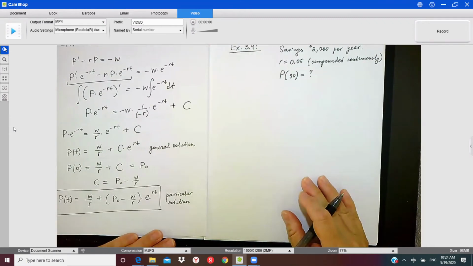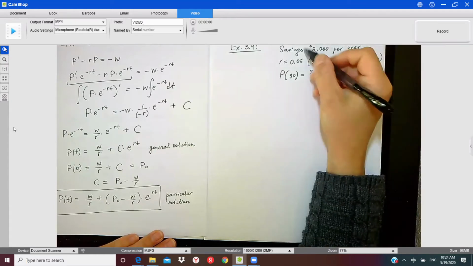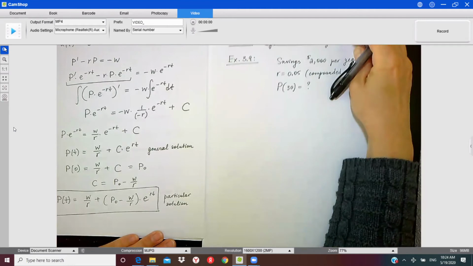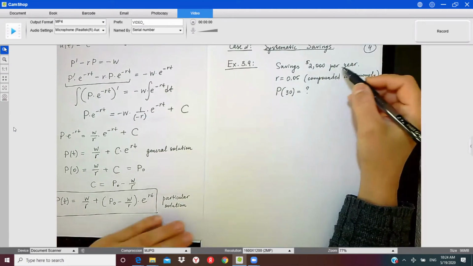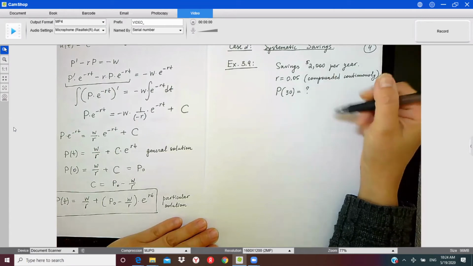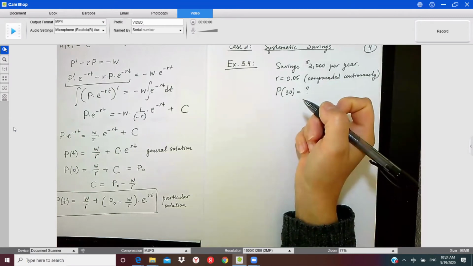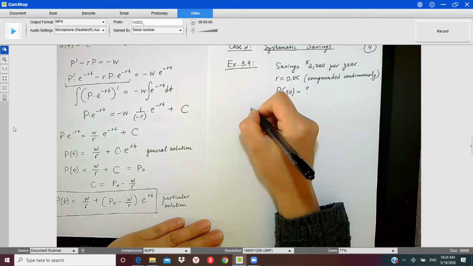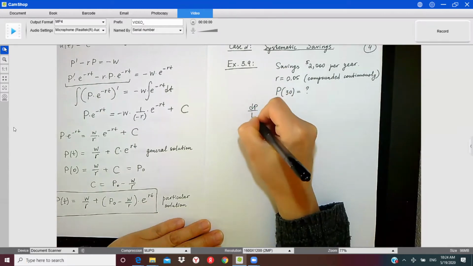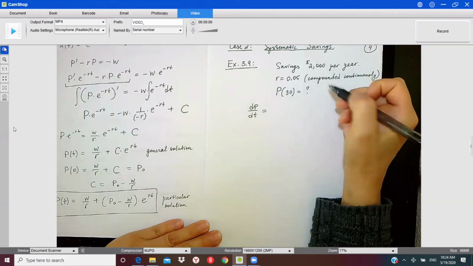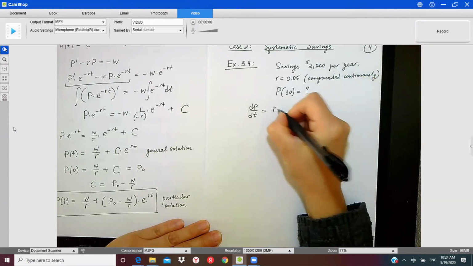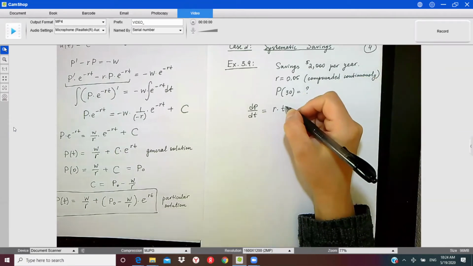All right, so we're going to build the differential equation. This is a constant, right? You keep depositing 2,000 per year, every year, no more, no less, it's the same number. So in that case, we will have to account for this situation as follows. So first we still have R times P. Let me correct it.